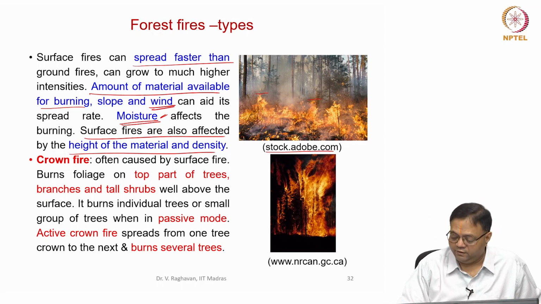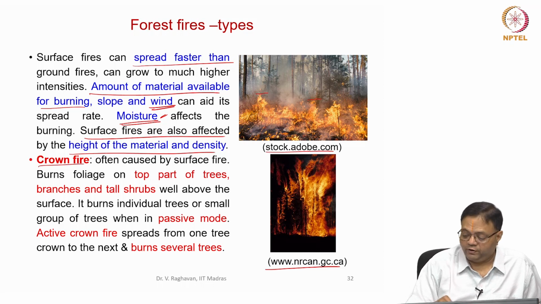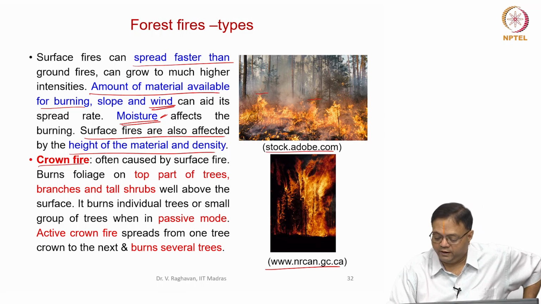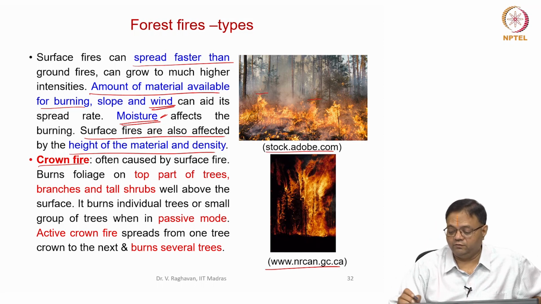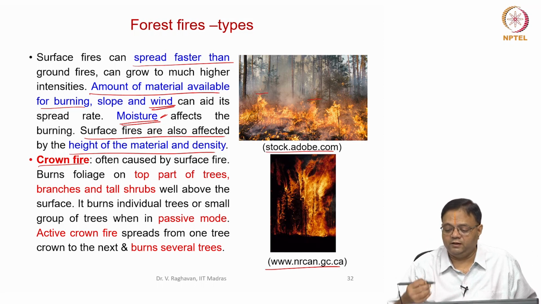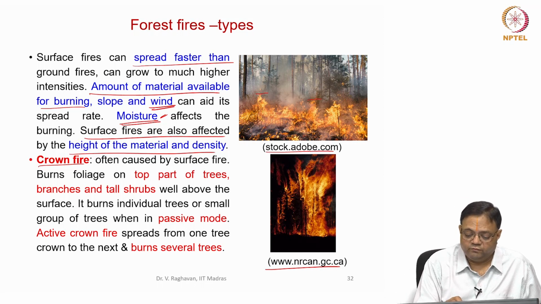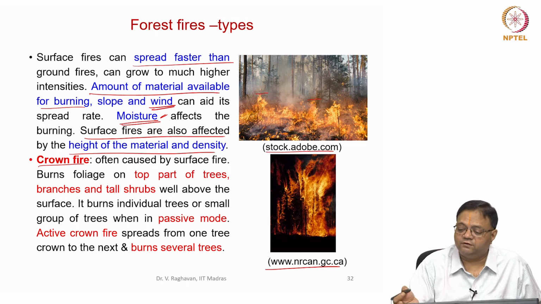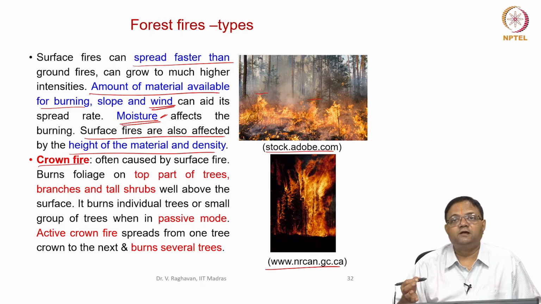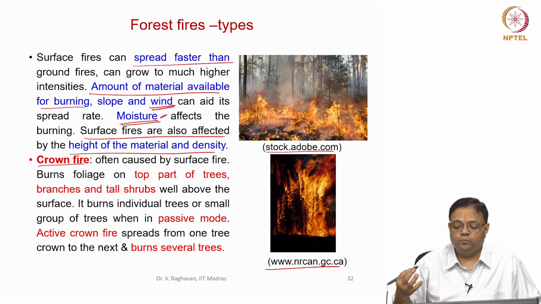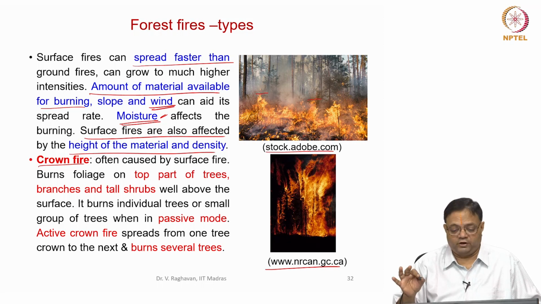Then the third category is the crown fire. So, this is the website nrcan.gc.ca. You can get some pictures there. Basically, a surface fire like this causes the ignition of the entire tree.